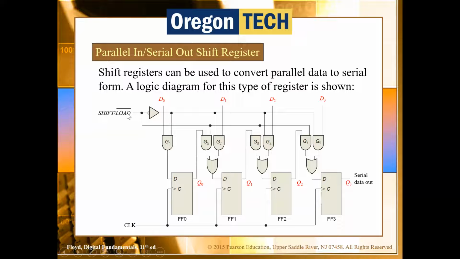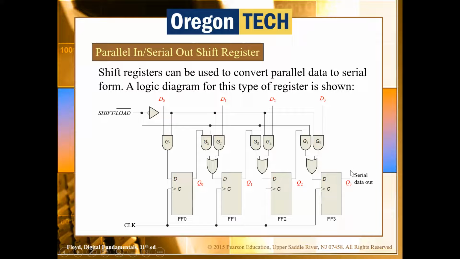Then when load goes high, that means shift. I am ready to get the output here, D3, when the clock comes. Clock is in, I am with D3. Another clock, I will get D2. Third clock, D1.